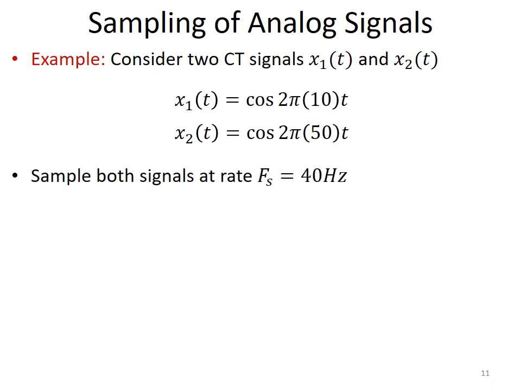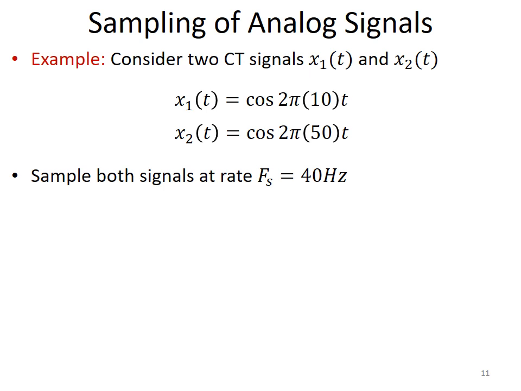In order to explain it further, let us consider two sinusoidal signals, x1 and x2. x1 has the frequency 10 Hz and x2 has the frequency 50 Hz. Now let us sample both signals at 40 Hz. Obviously 40 Hz sampling rate is suitable for x1 but it's not suitable for x2, right?